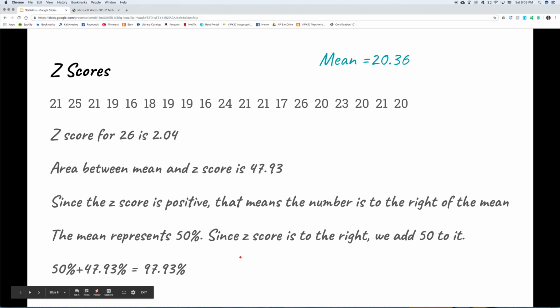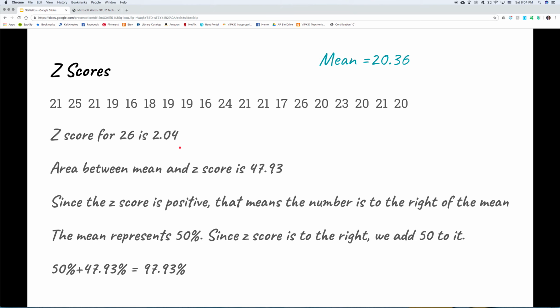Okay, for the next one, we have a positive z-score. So the z-score for 26, 26 is bigger than 20, so it's got a positive z-score of 2.04. So that means it's 2.04 standard deviations away from the mean. And the area between the mean and the z-score is 47.93.